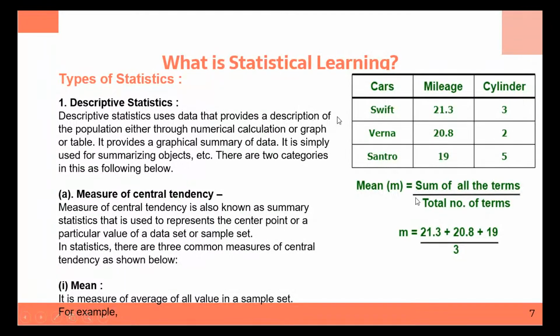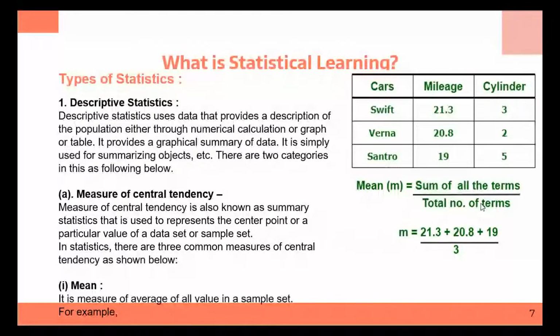Mean, lowercase m, equals the sum of all the terms divided by the total number of terms. What do you understand from this formula? The average of all the entries.